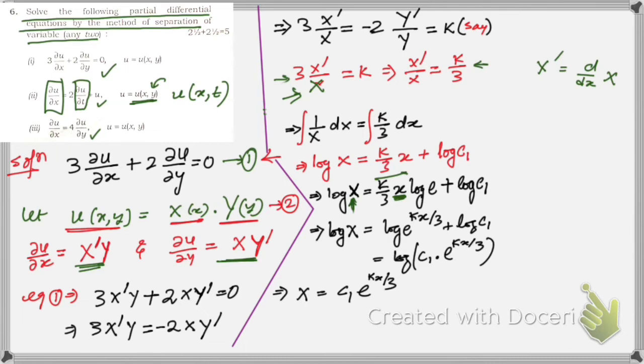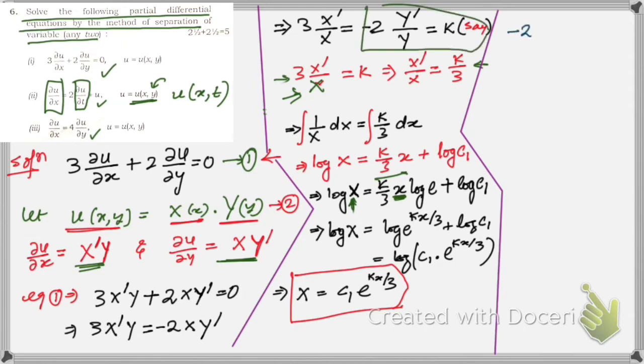So now using the same pattern, if you equate this part, minus 2 capital Y dash by capital Y is equal to k, then using a similar method you can find the result.